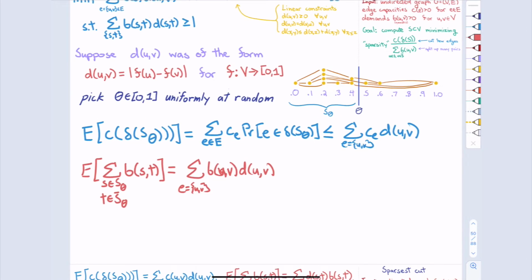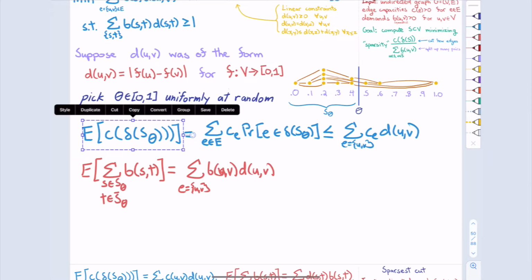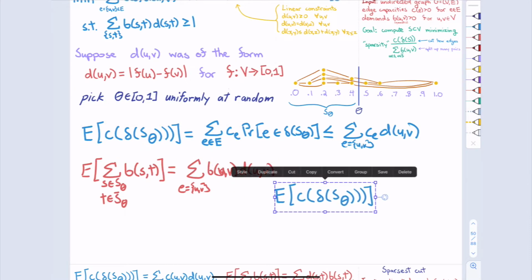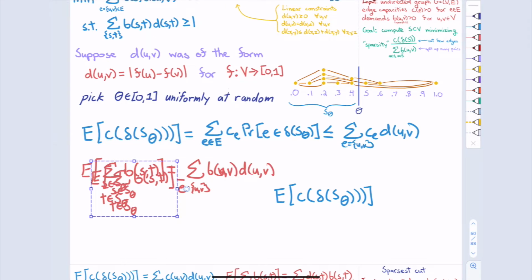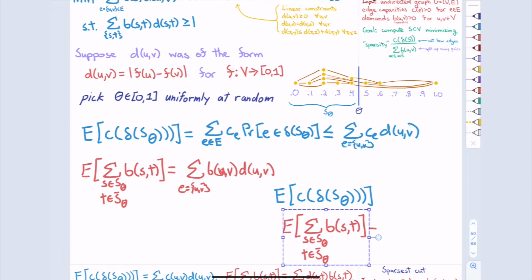What's great then is that we have the numerator divided by the denominator. So what we've shown is that this is equal to opt from the LP.